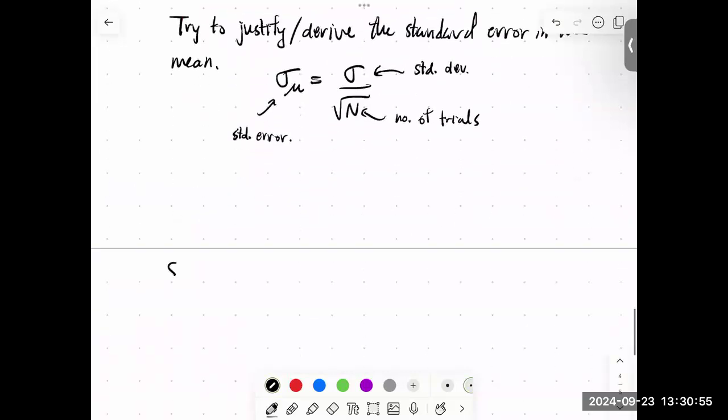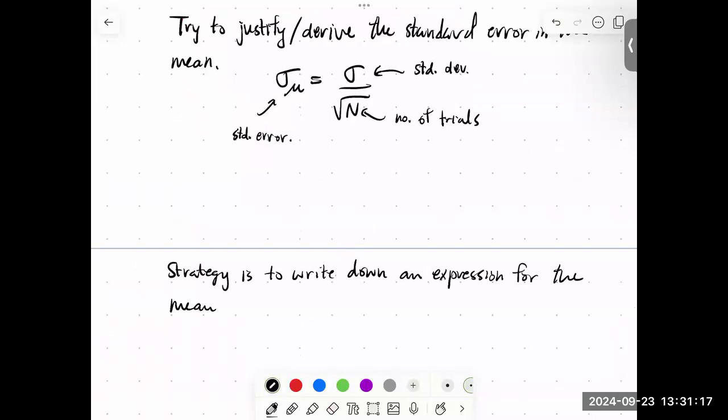So the strategy is to write down an expression for the mean mu, and then apply propagation of errors.